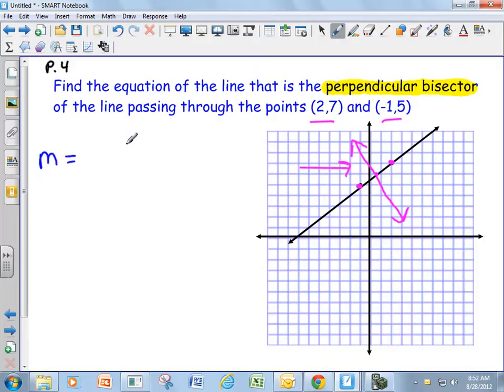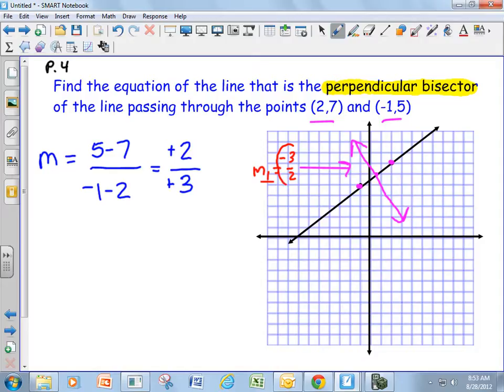The slope of the line I've given you: subtract the y's on top, subtract the x's on the bottom in the same order. This gives us a -2 over a -3. So our slope is +2/3, which makes the slope of the perpendicular line -3/2.